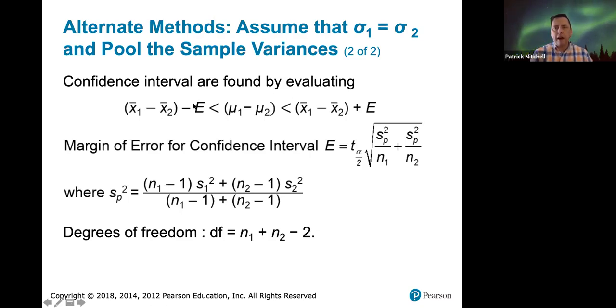You just calculate E. And here's how you calculate E. E equals t sub alpha over 2 times the square root of S sub p squared over n1 plus S sub p squared over n2. Here's that formula for S sub p squared again, with degrees of freedom equal to n1 plus n2 minus 2.